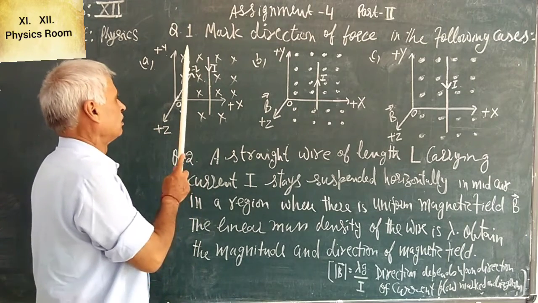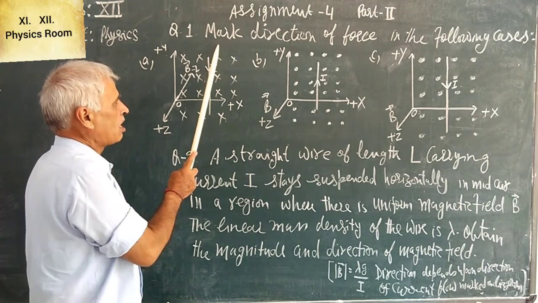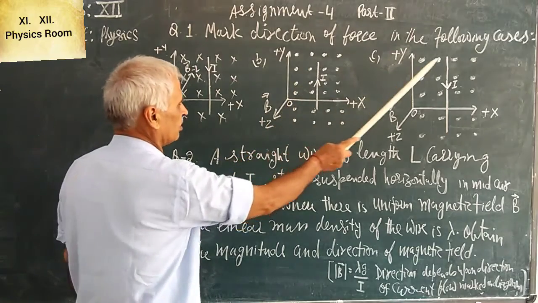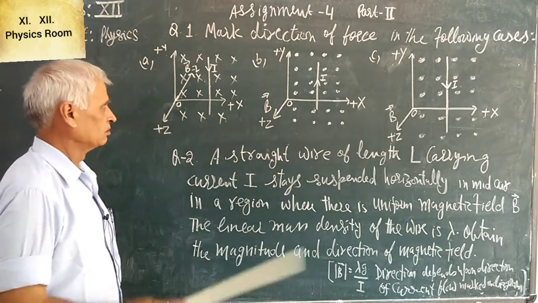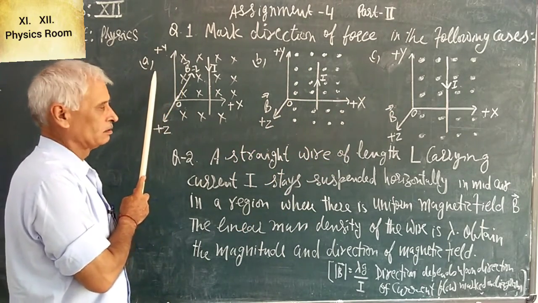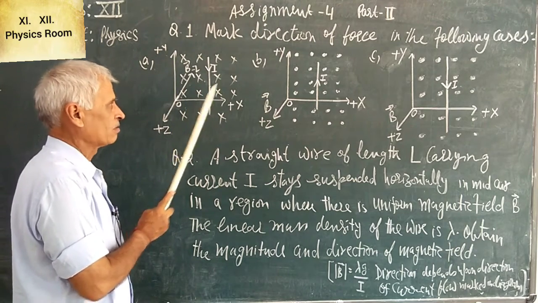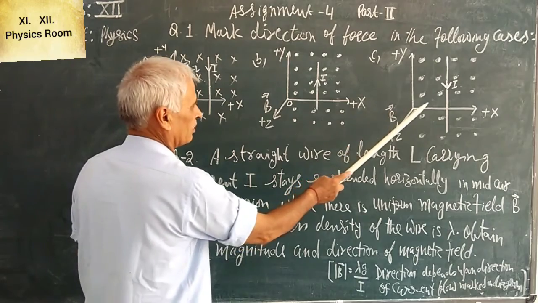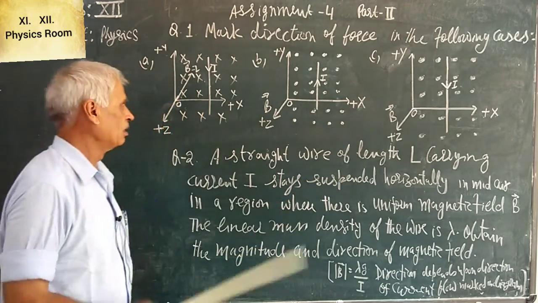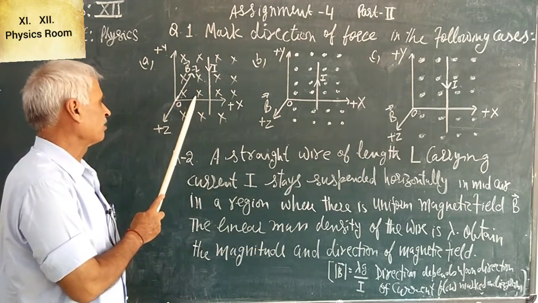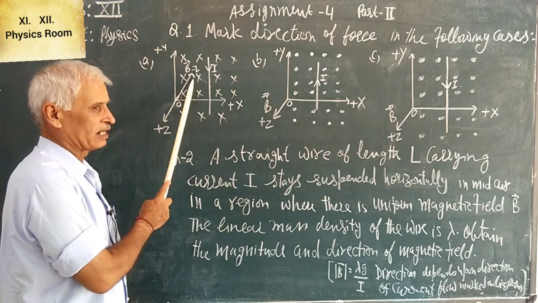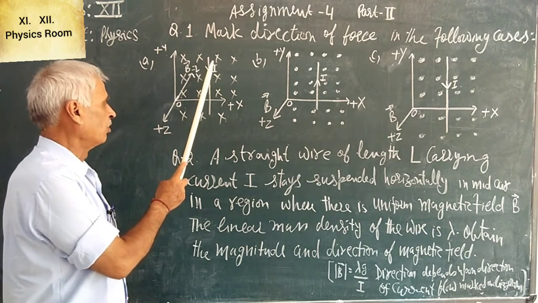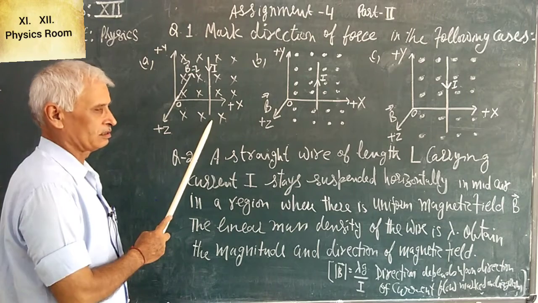Now question number 1. Mark direction of force in the following cases. A, this case, B, this case, C, this case. In case A, magnetic field is directed along negative z-axis and current is flowing along negative y-axis.